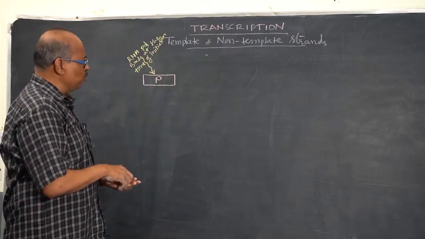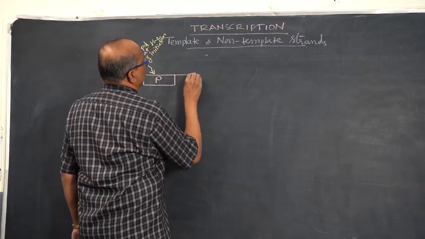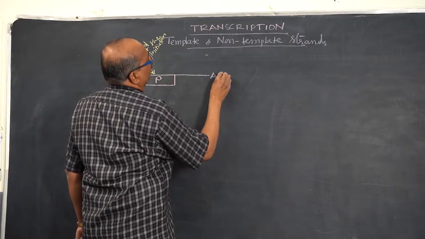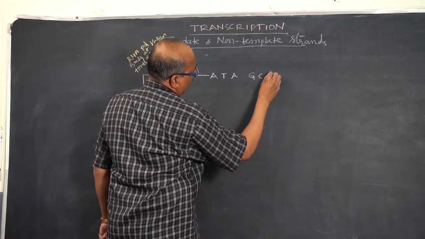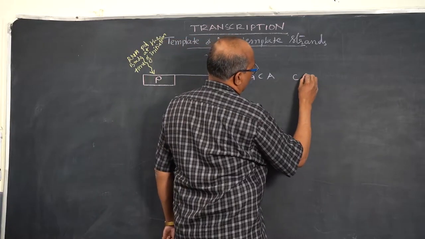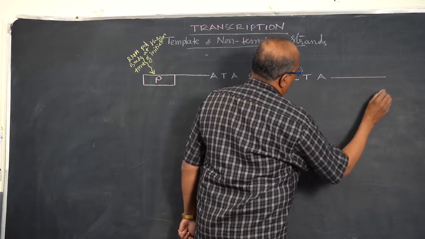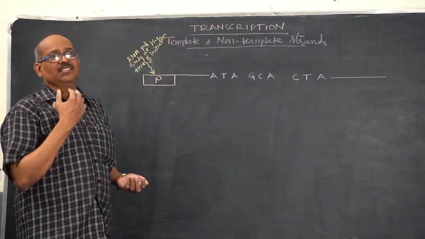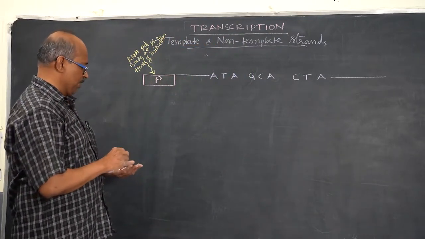Then we have the two strands of DNA. So let us take this strand. We'll put some sequences A, T, A, G, C, A, C, T, A, and so on. So I have just taken 3 codons to explain the two strands.